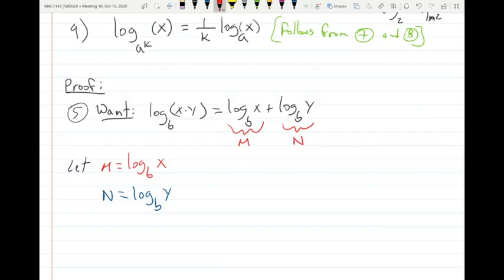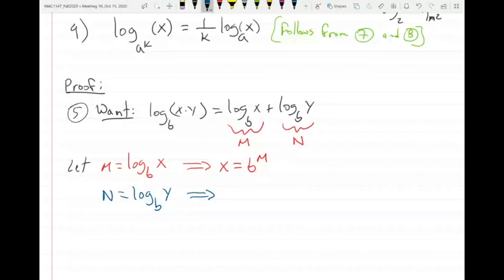If m is equal to log base b of x, what can we say about x? Writing this in exponential form, x equals b to the m. And in the second case, if log base b of y is n, that means y is equal to b to the n.